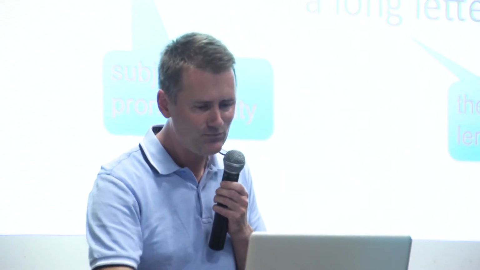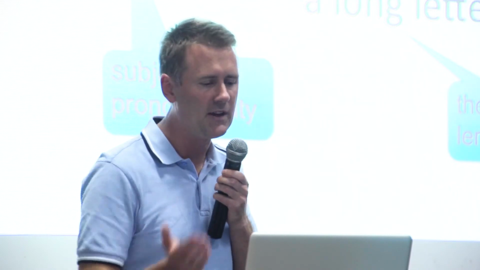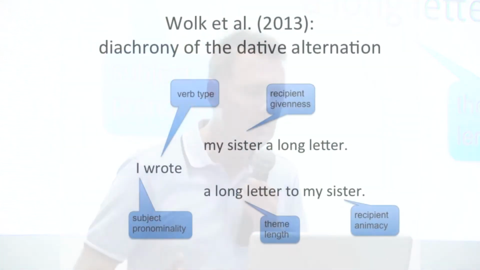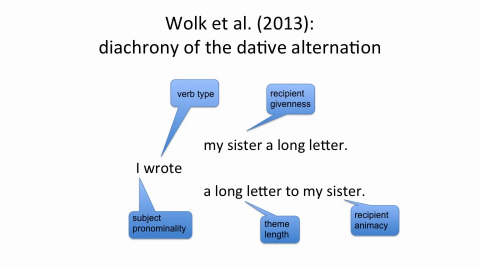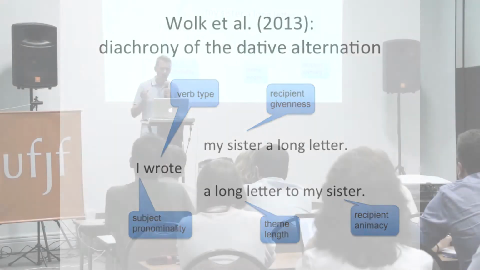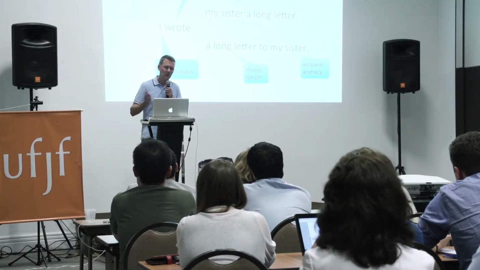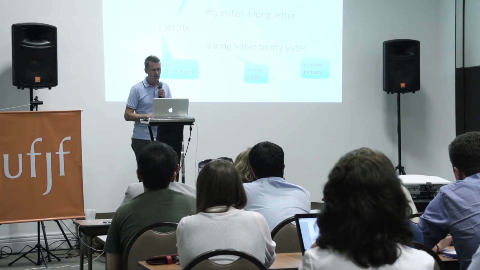So for instance, a recipient that is discourse given tends to bias speakers towards the ditransitive, and a short theme would bias people towards the prepositional dative. We know in very fine detail how these factors bias people towards one alternative or the other.